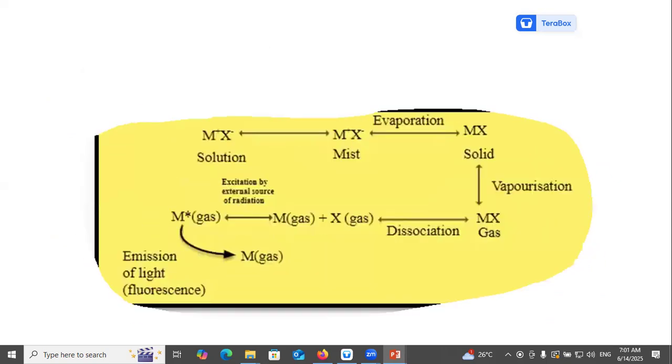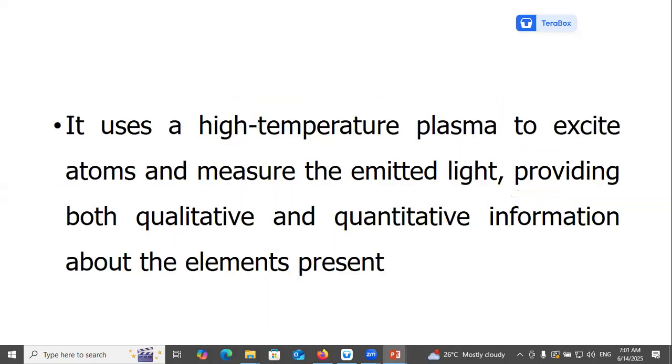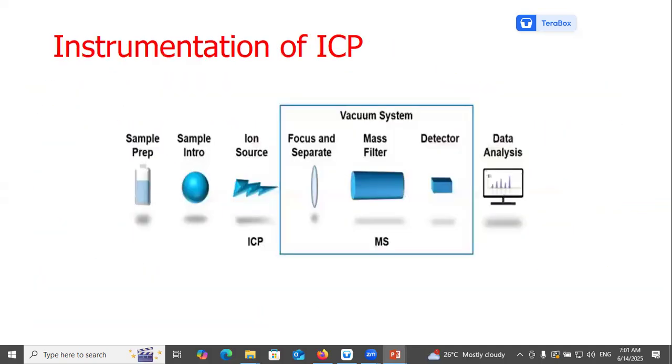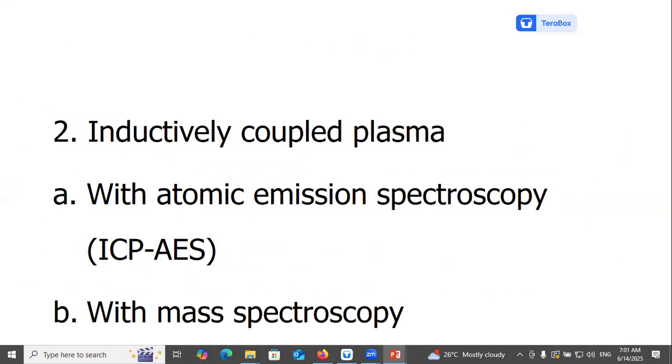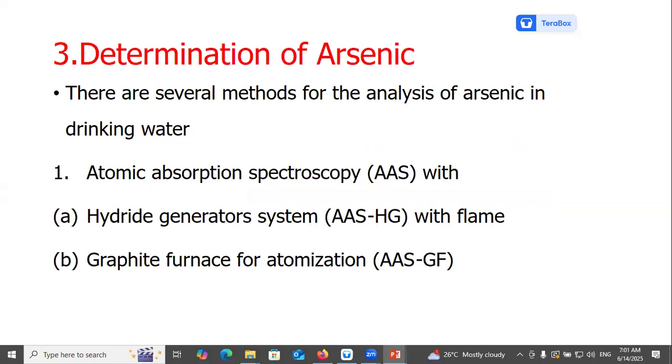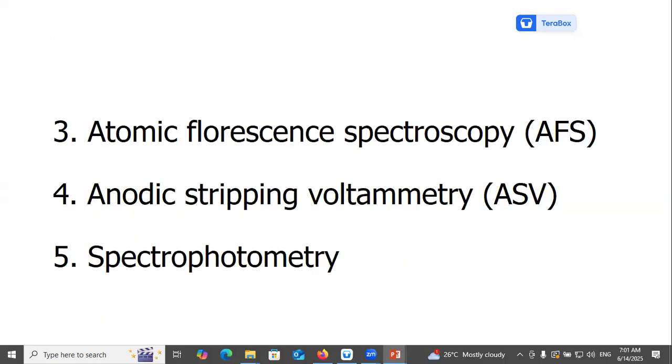Okay, it's all about determination of arsenic by different methods: AAS, ICP, AFS, anodic stripping voltammetry, ASV, spectrophotometry.